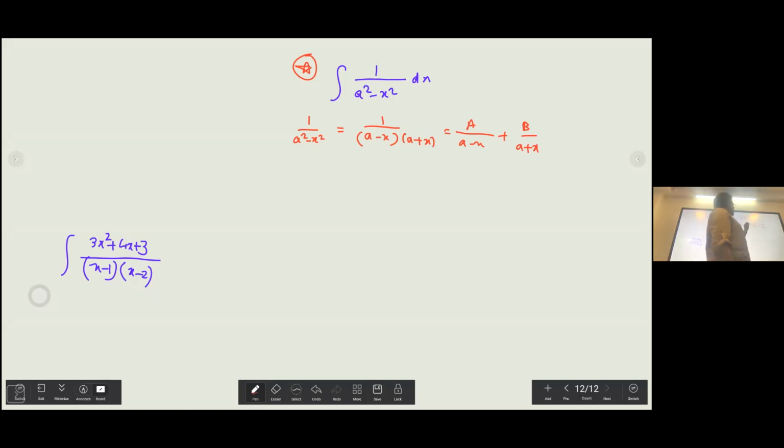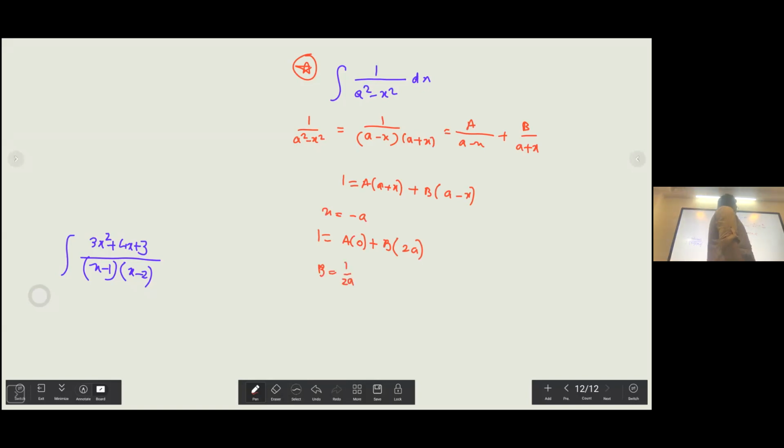Okay, so now we cross multiply. So 1 equals A times (a plus x) plus B times (a minus x). You take x as negative a, you get 1 equals A times 0 plus B times 2a. So B is basically 1 over 2a.